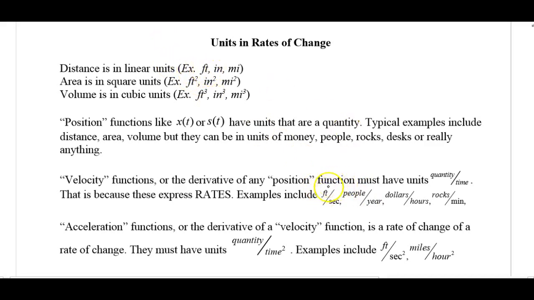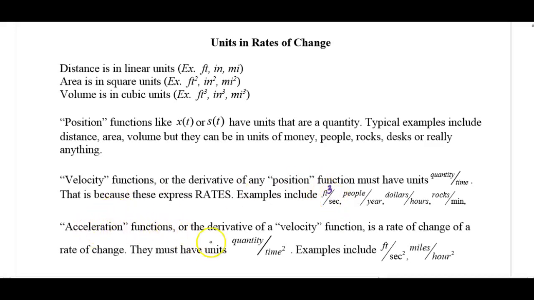But examples could be feet squared over seconds, because the unit on the top has to be a quantity, and a quantity, if we want it to, could be an area, so feet squared per second, or even feet cubed per second, so a volume over a second. So velocity functions need to be some quantity over a time.